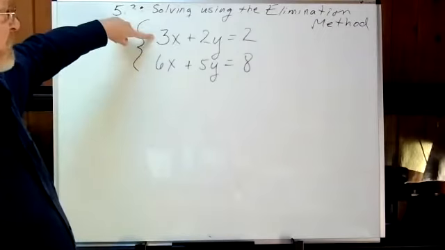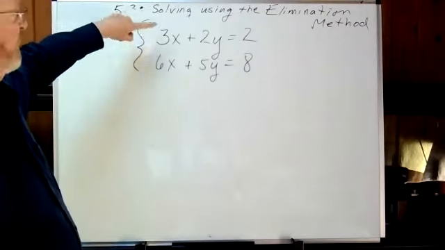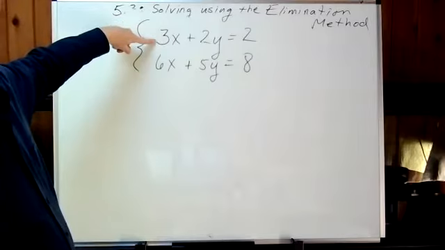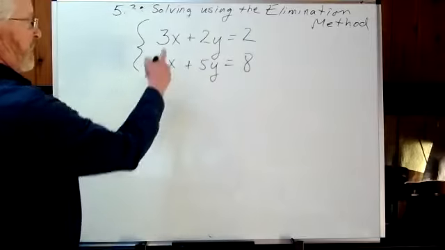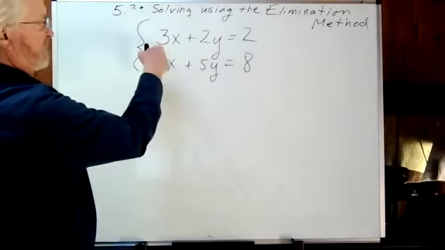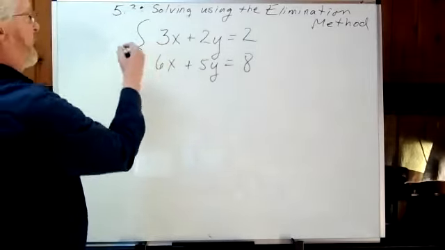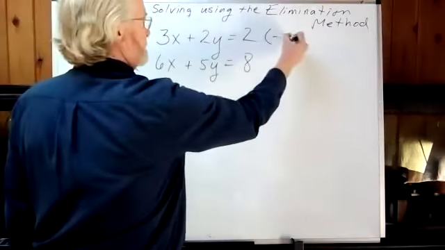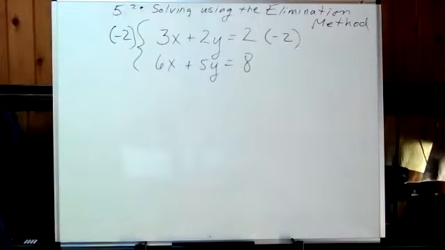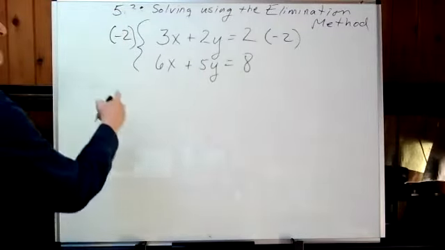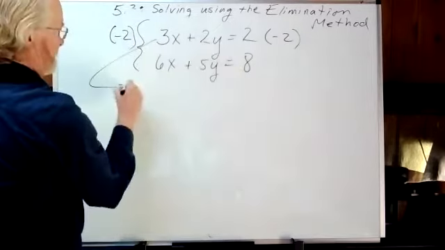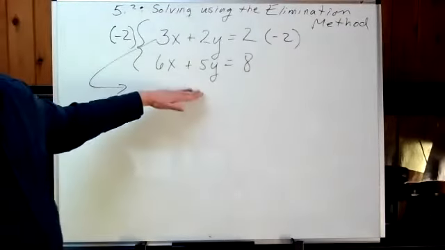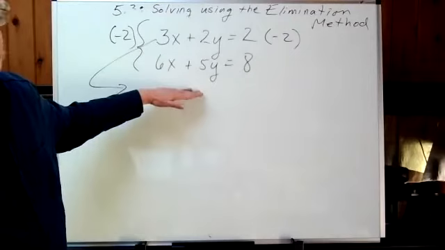How about I multiply the first equation to make this a negative 6? So I'm going to try to make this into a negative 6. What do I have to multiply by? A negative 2. The whole equation, both sides, I'm going to multiply by negative 2. In my presentation, I usually just rewrite that below the existing one here, okay?